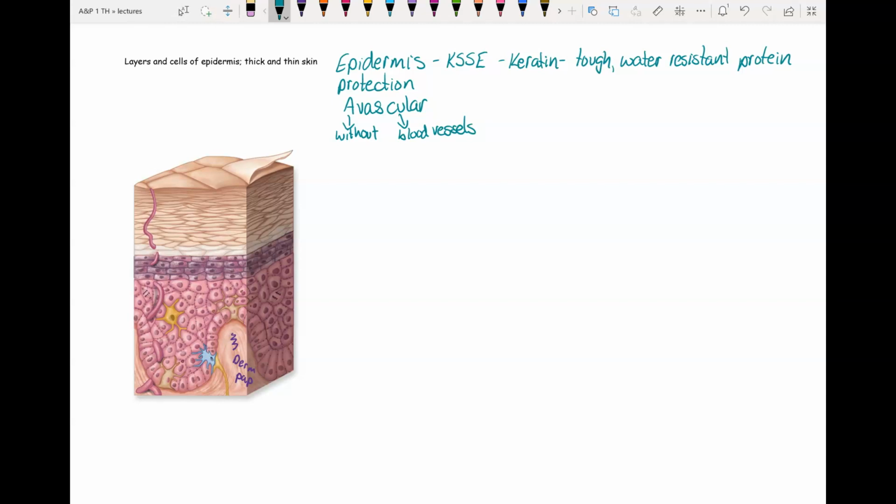One way this protects you is that it helps prevent infection. If you get infection in your blood, that can kill you. And there are lots of germs. The world is full of germs. You have germs all over the place. Germs are constantly trying to get into you. By having no blood vessels in your epidermis, you put this whole barrier between the outside world that's full of germs and your blood.